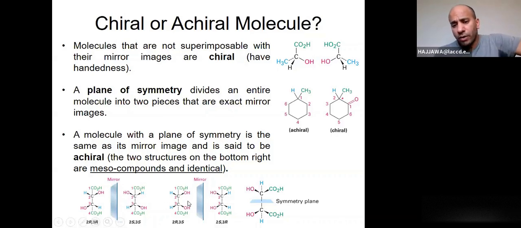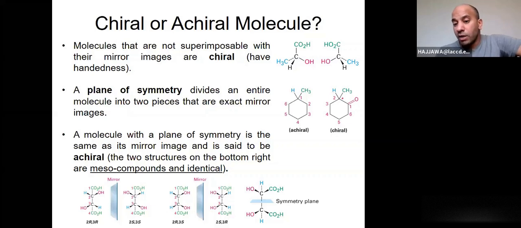Let's look at the one on the right. This pair right here. We could see here carbon number 2 is a non-superimposable mirror image. Carbon number 3 is a non-superimposable mirror image of carbon number 3 as well. However, we need to observe one thing here and highlight it.